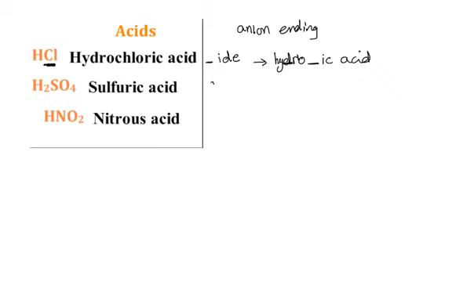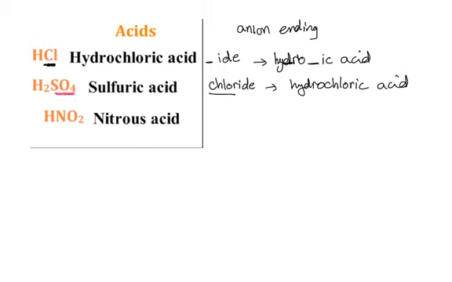For example, it was chloride, so it becomes hydrochloric acid. So "ide" becomes hydro-ic acid. Let's look at the next one.